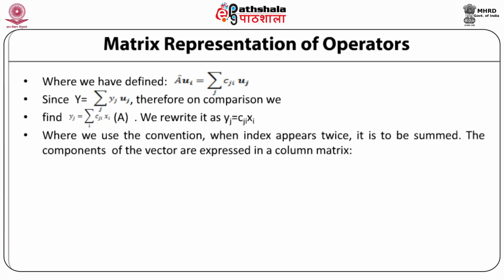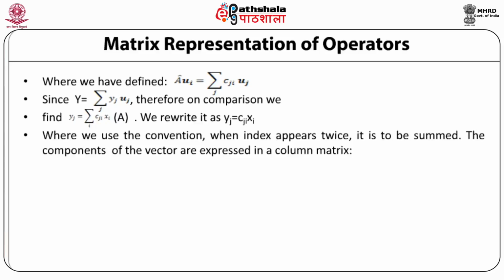We can rewrite it as yj is equal to cji xi. Here we have used the convention that when an index appears twice, it is to be summed over.